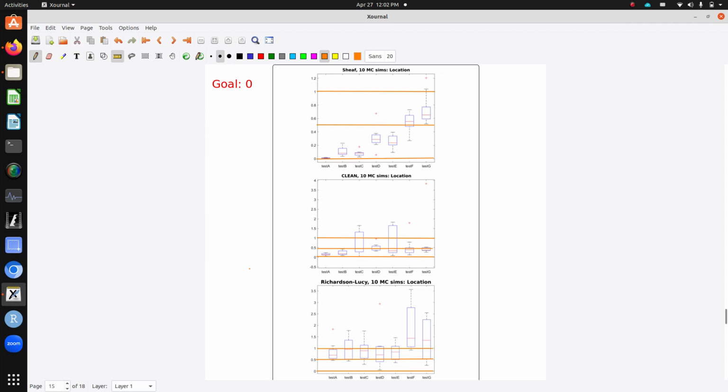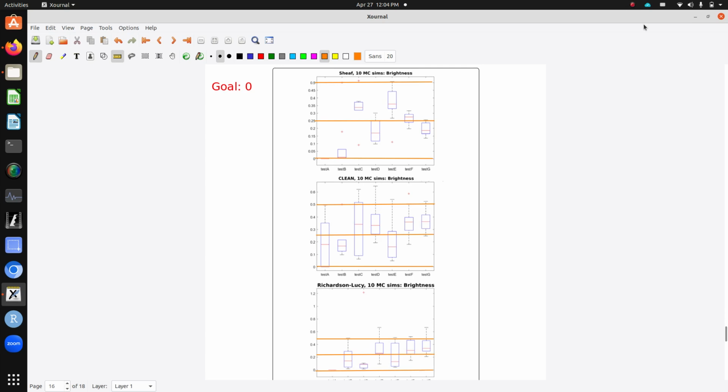And these are errors. And you notice that the sheaf model does better than the other two. Okay, so it's in that 0 to 0.5 range pretty consistently. Even for example, the tests in which CLEAN does pretty well, in those cases the sheaf does better.